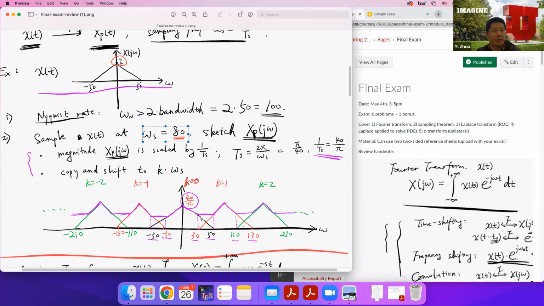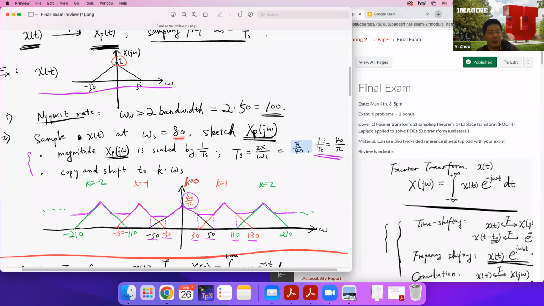Note here that all the magnitudes will be scaled by 1 over the sampling period. In this case, the sampling period can be inferred from the sampling angular frequency. It turns out that the sampling period is pi over 40.